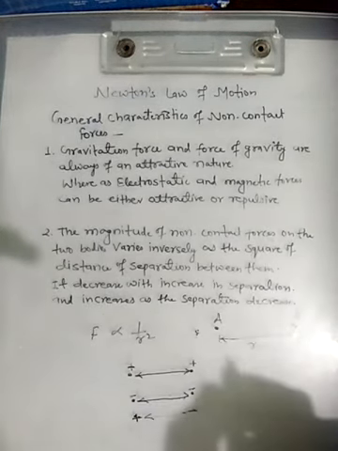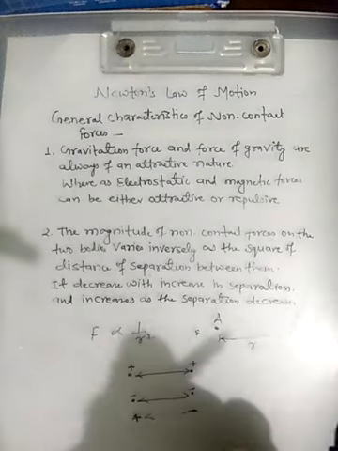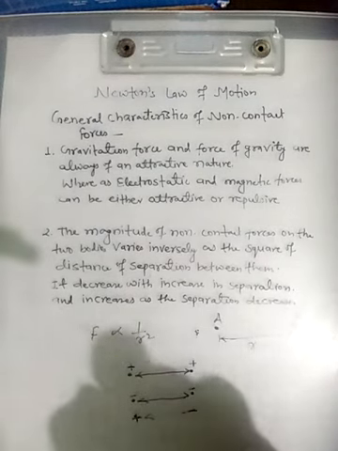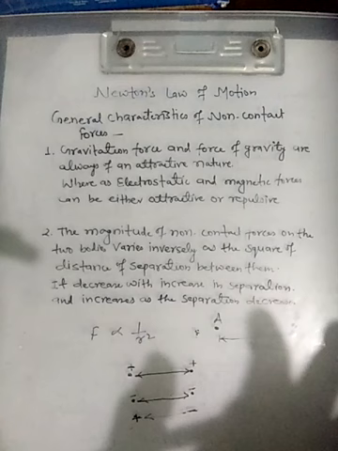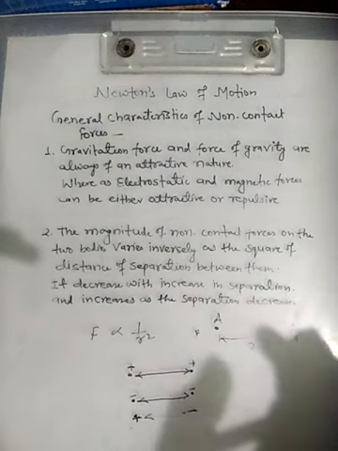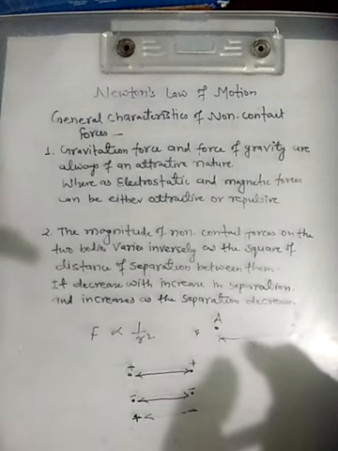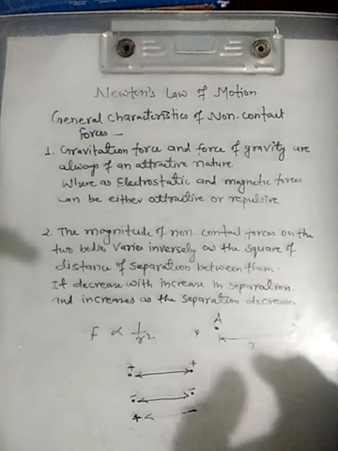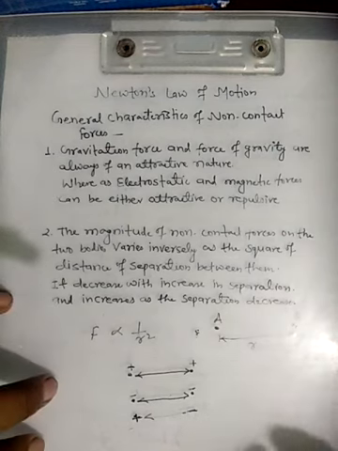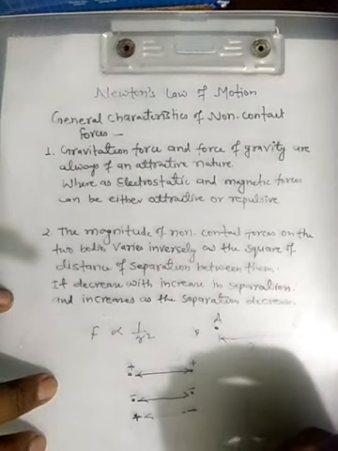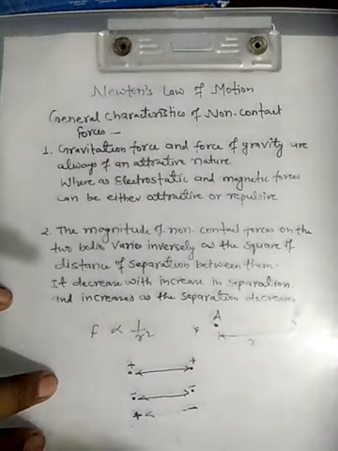Similarly, in magnetic force, if like poles are nearer, then a repulsive force acts between the poles, and if unlike poles are nearer to each other, then there is always an attractive force acting between the dissimilar poles.